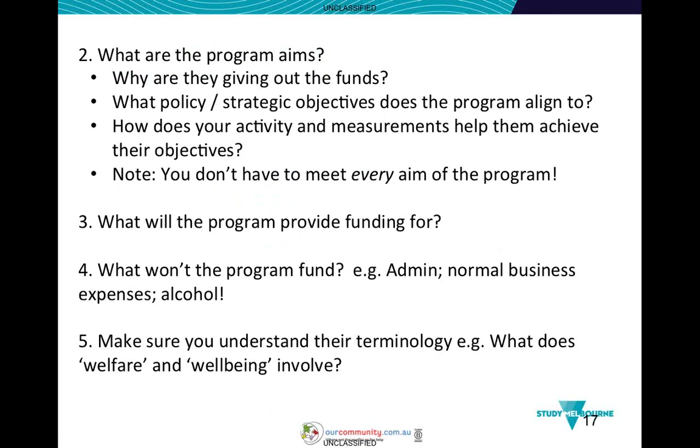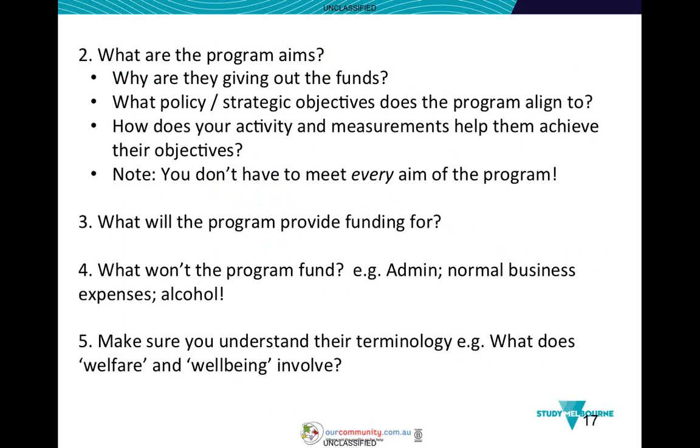So make sure that you're across there. You don't want to make the mistake of asking the funder to fund something that they clearly said they won't fund. That one mistake could make you ineligible. So please be sure that you check those things.